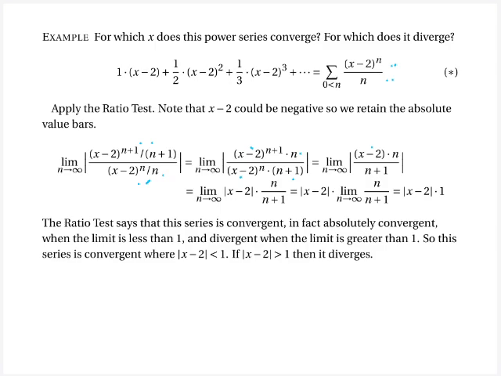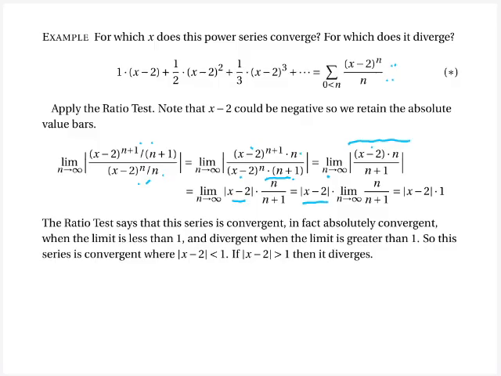Now here's one of the themes for the couple of examples that we're going to show. x minus 2 doesn't have anything to do with n. I mean, obviously n has something to do with n, and n minus 1 has something to do with n, but x minus 2 doesn't have anything to do with n. So I can break the fraction here that's in the absolute value bars into an x minus 2 and an n over n plus 1, and then bring the x minus 2 out.